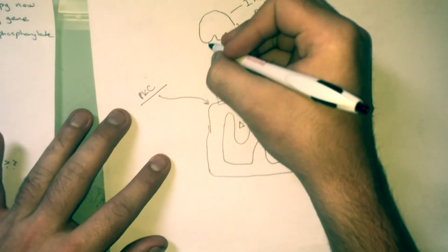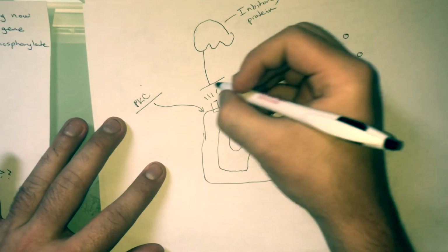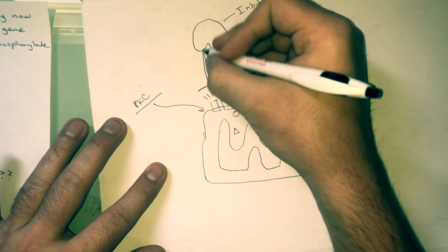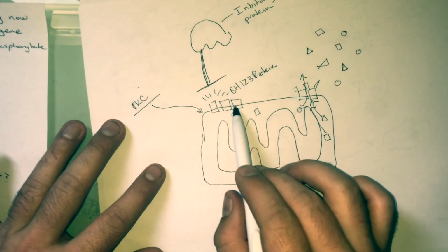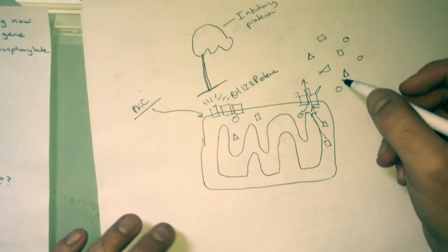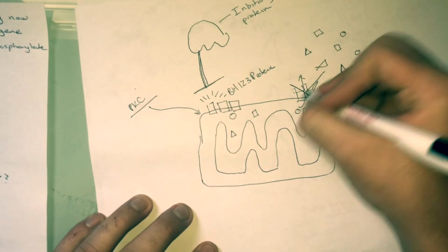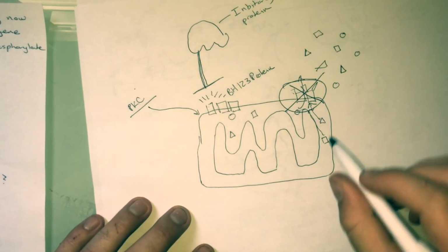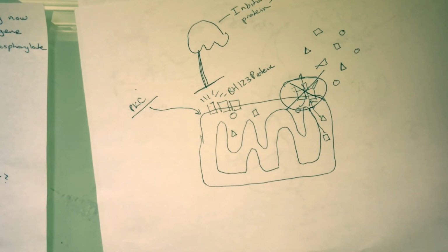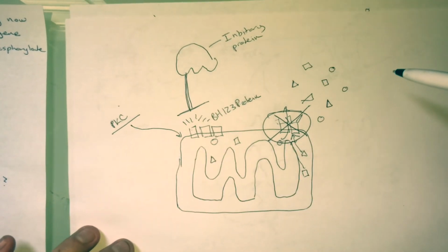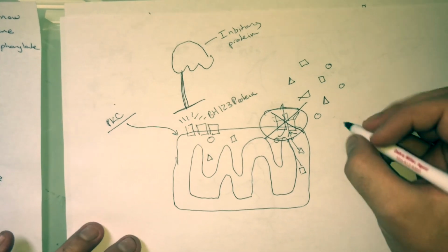It will block these pathways. If these pathways are blocked, then PKC cannot activate these pathways to open up. And if these pathways do not open up, then we will not see any transportation of molecules into the cytosol to tell the cell it needs to undergo apoptosis, especially cytochrome C.